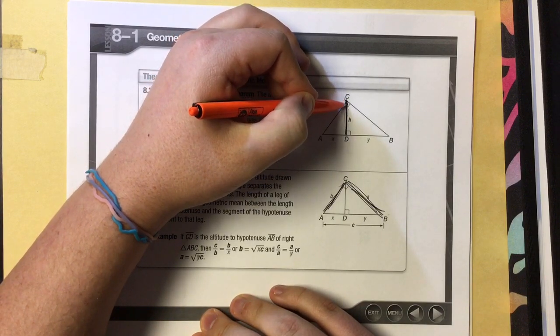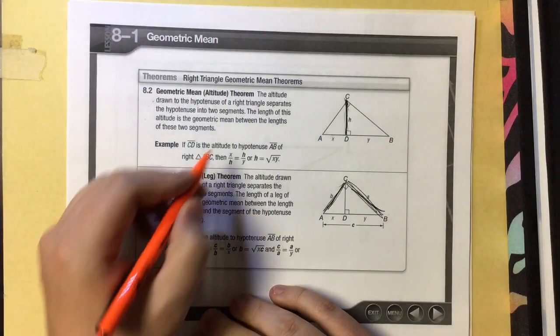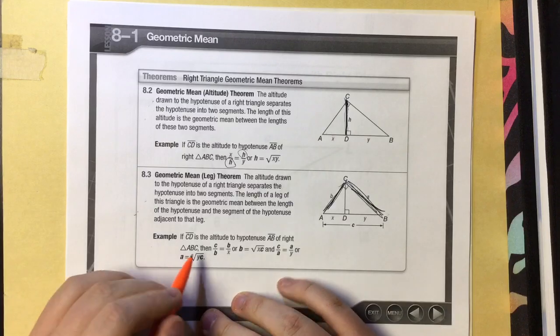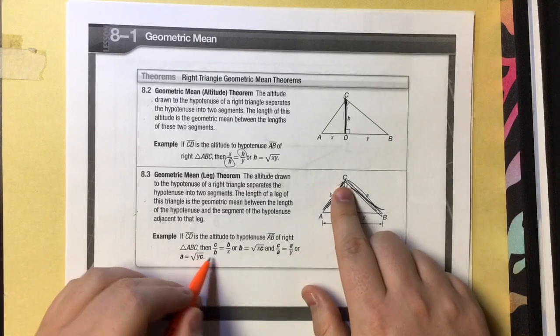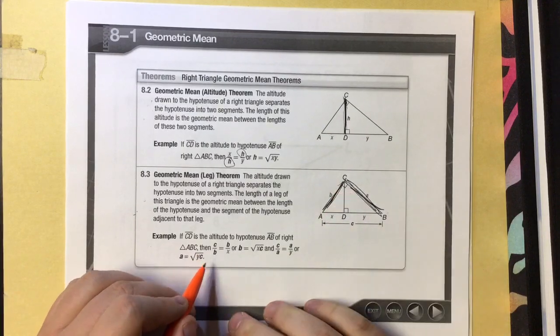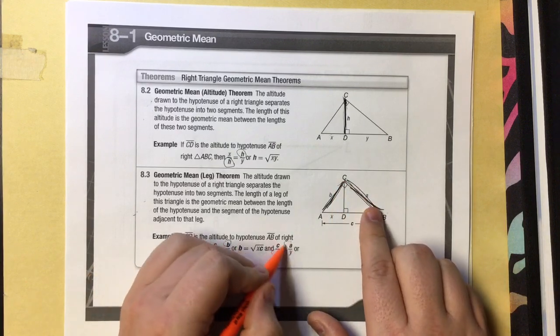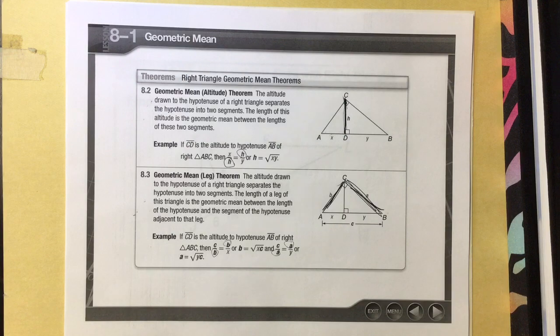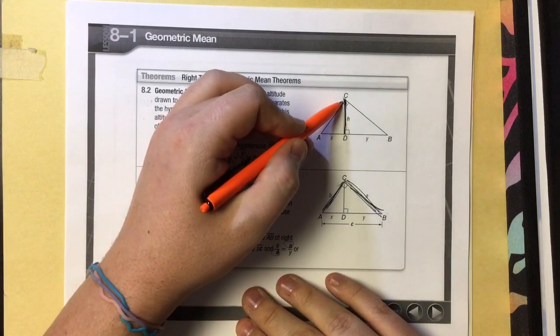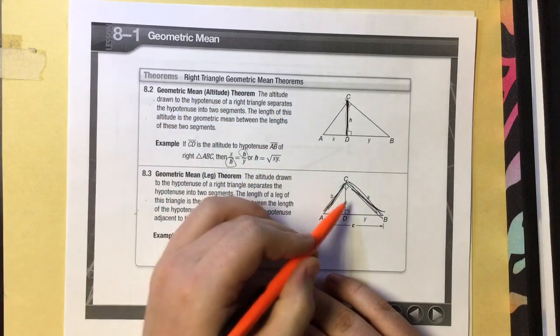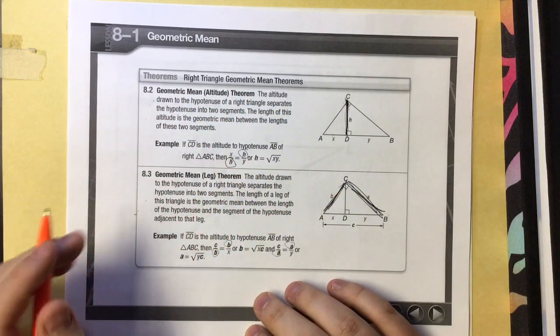Whichever one goes from that right angle down, that's the one that shows up twice. H shows up twice, and it's going down. In this example down here, they're doing it about B, B shows up twice. Here, A is the one that shows up twice. So the one that goes from the right angle of the big triangle to the hypotenuse, that is the one that will show up twice in your proportion.